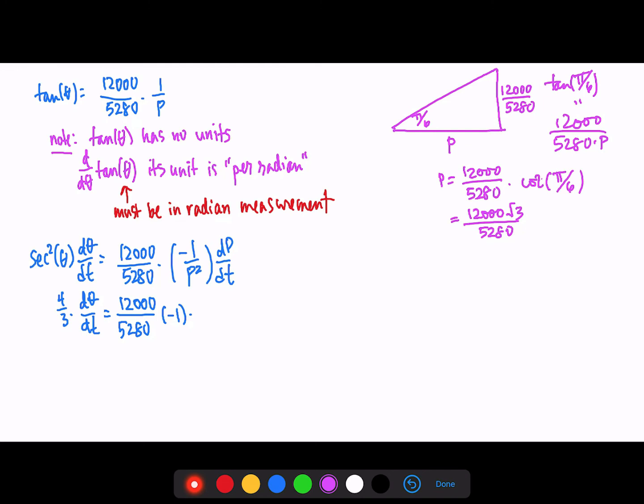Plugging this in for P over here, I get 1 over 12,000 square root of 3 over 5280, squared, in the dP dt term.